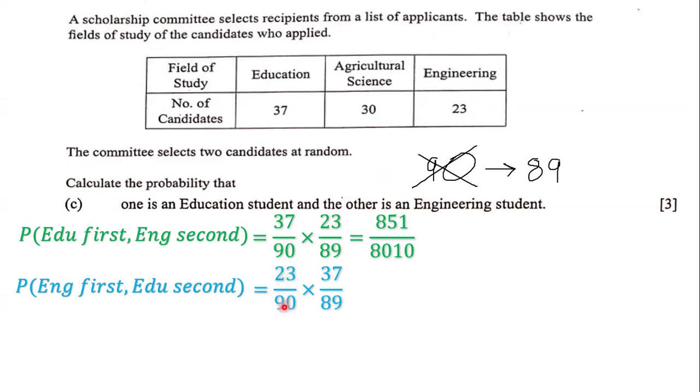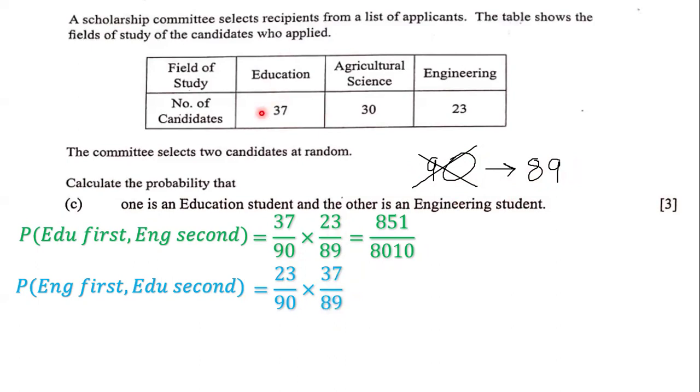Now that we already selected the first student from engineering, we need to select the next student. But it's not going to be 90 students to choose from. It's going to be 89, because we already selected the first student, and that first student was from engineering. So that's why this denominator here is 89.